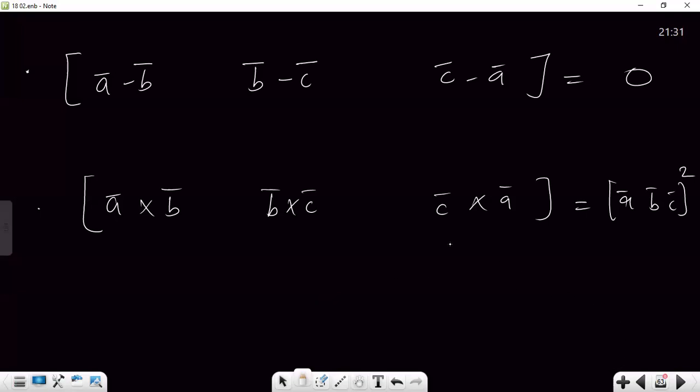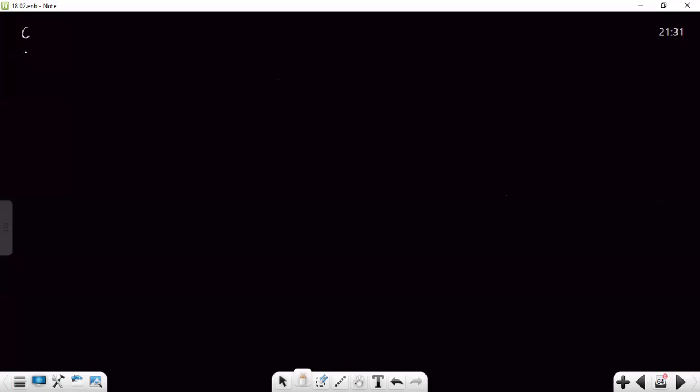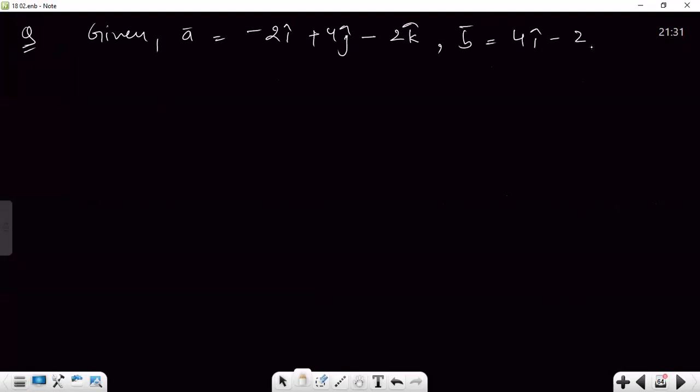Now there is an example given. Vectors are A: minus 2i cap plus 4j cap minus 2k cap. B vector as 4i cap minus 2j cap minus 2k cap.